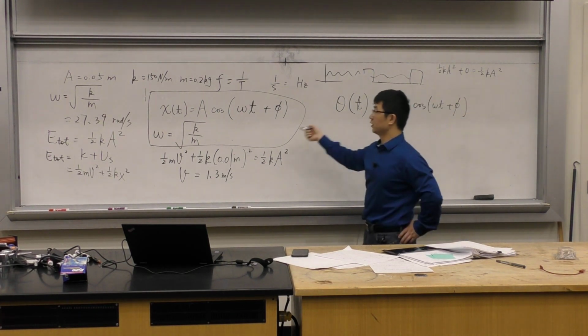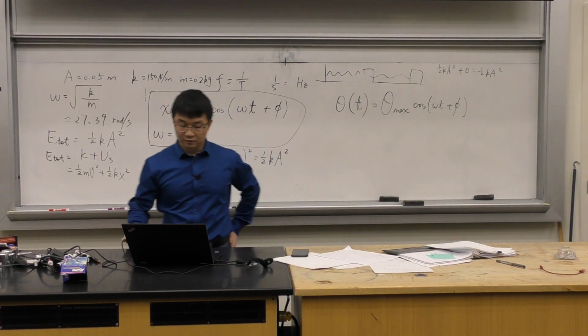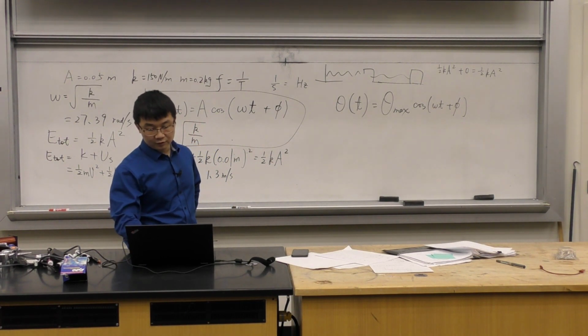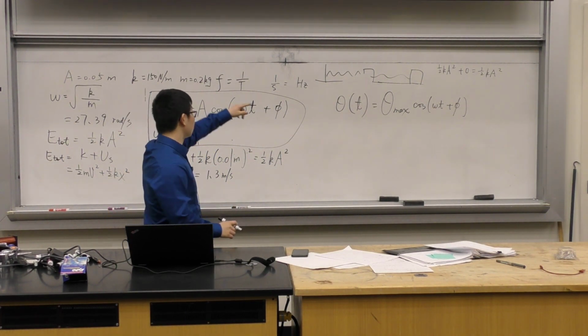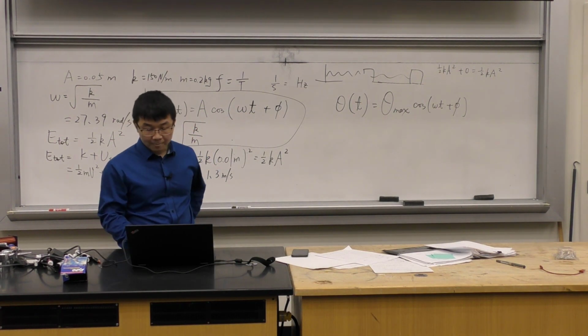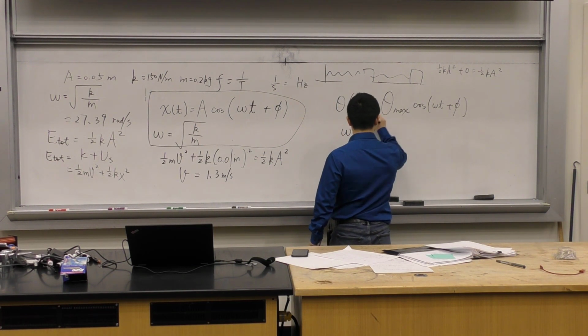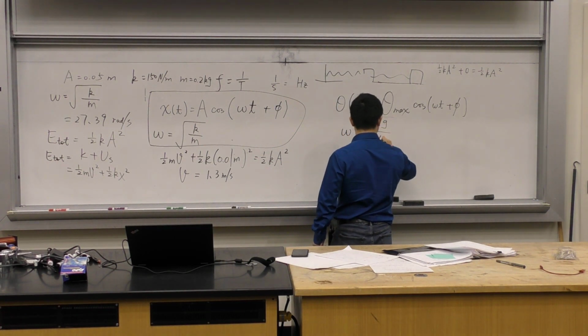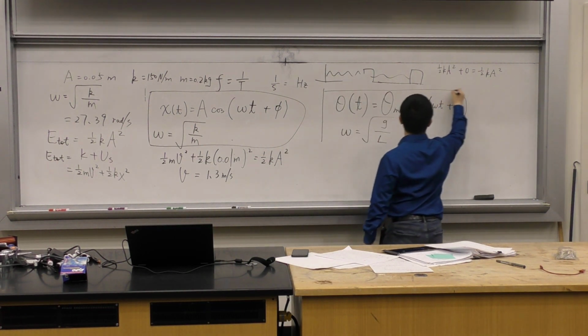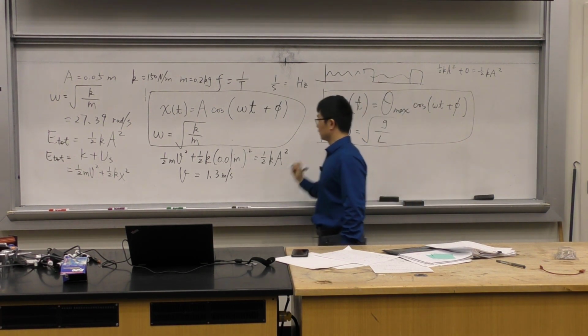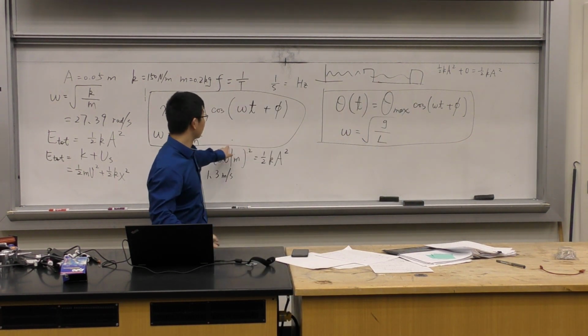The same, because they are both oscillators. If you use the same theory, a pendulum is the same as the oscillator we just saw. And omega in this case is going to be equal to this. Exactly the same form as that.